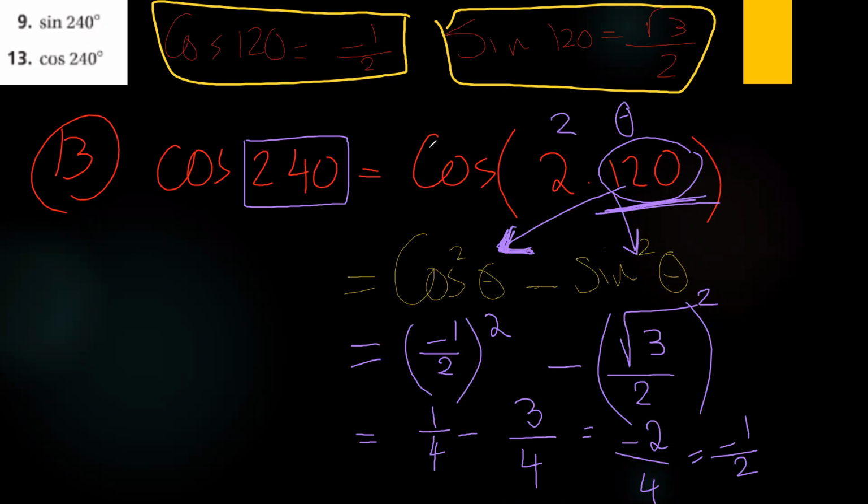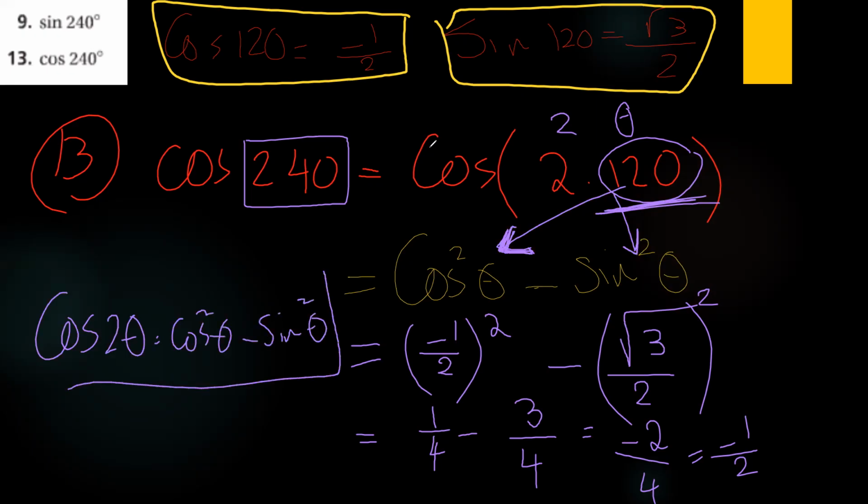Cosine 2 theta is cosine squared minus sine squared. This is the formula. Because of that you make it 2 times 120, so this theta I will substitute here and here. Teacher, it doesn't matter which equation we choose? Yeah, if you use any of them, you will get the same answer.